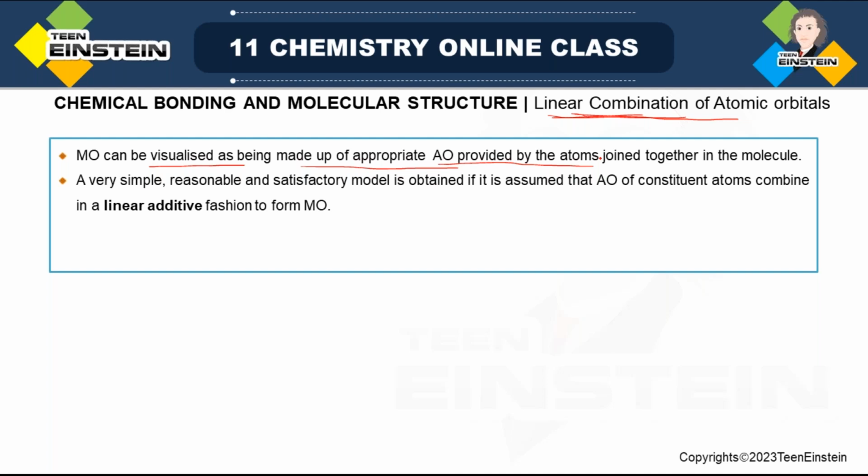A very simple, reasonable, satisfactory model is obtained if it is assumed that atomic orbitals of the constituent atoms combine in a linear additive fashion to form MOs. Now what is linear additive fashion? We will see the picture within some time.